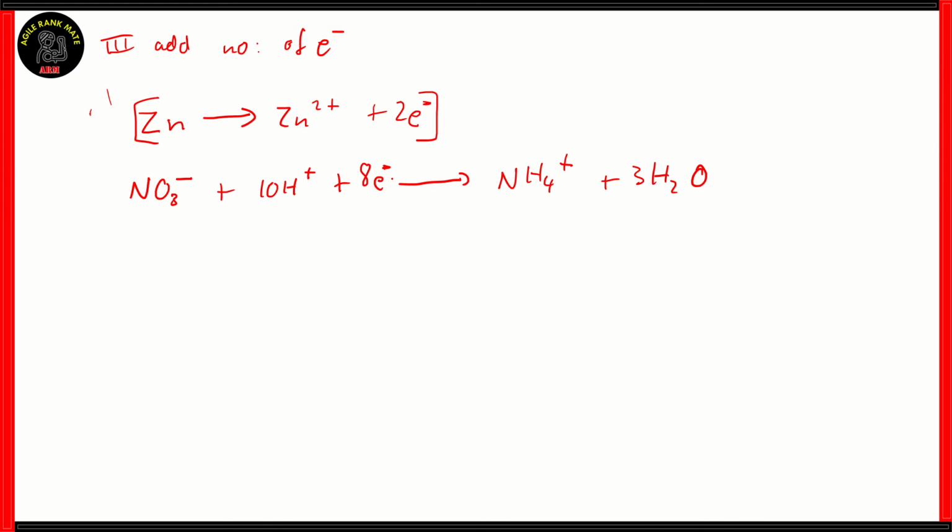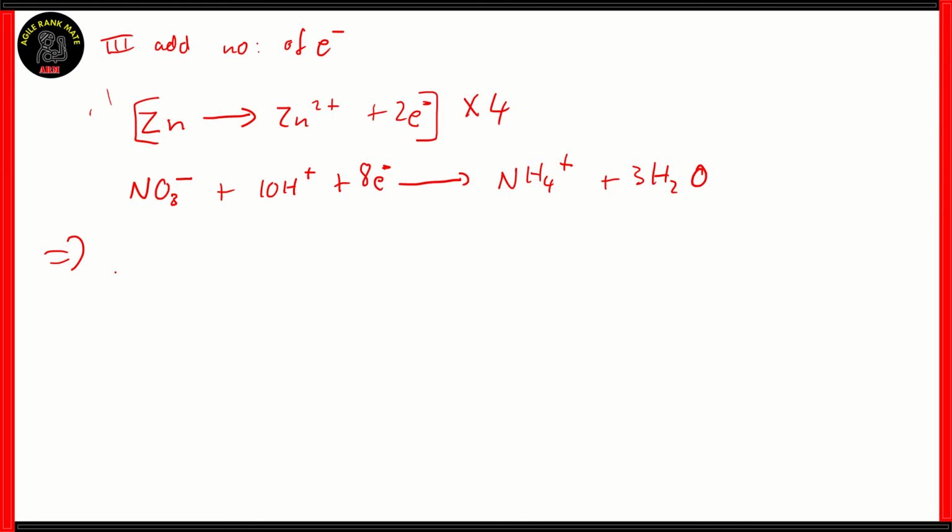Now, if we look at the two half equations, in half equation number 2, we have 8 electrons. In half equation number 1, we have 2 electrons. In order to balance the number of electrons on both sides of the equation, we multiply the first half equation by 4.